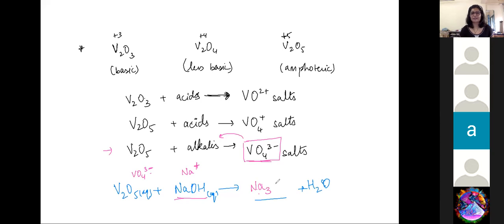So your final formula is going to be Na3VO4. Earlier it was 3 minus because of those extra electrons. Now that you are attaching 3 positive charges, they get cancelled out. So this compound is going to be neutral. So this is the answer.